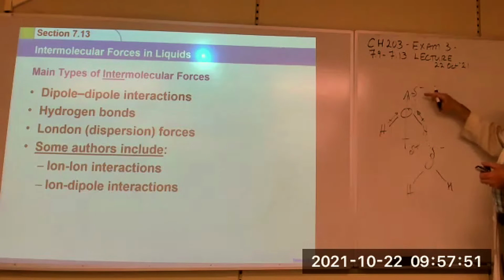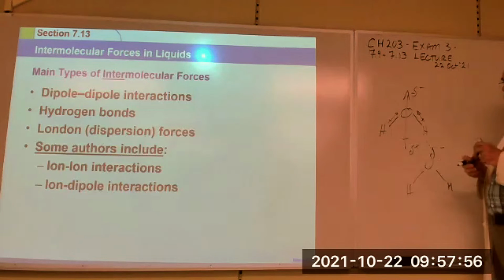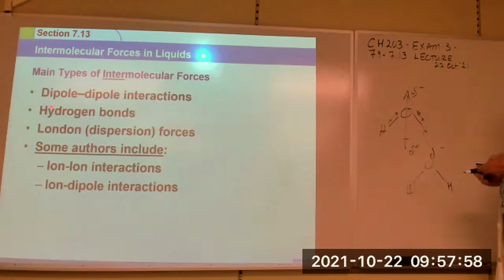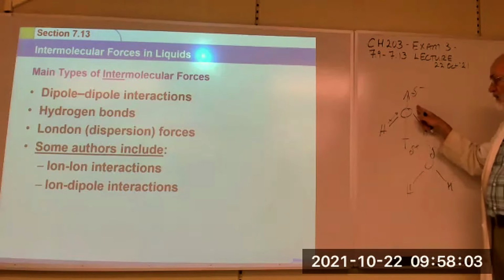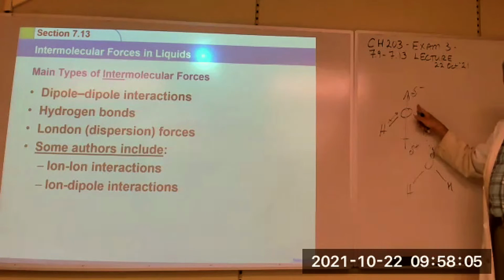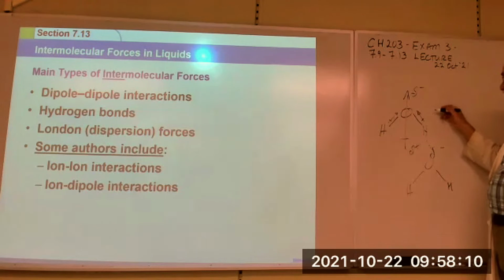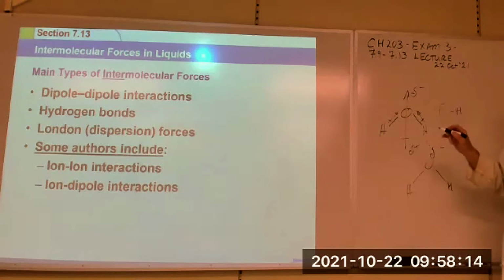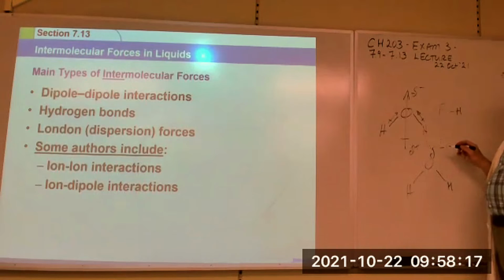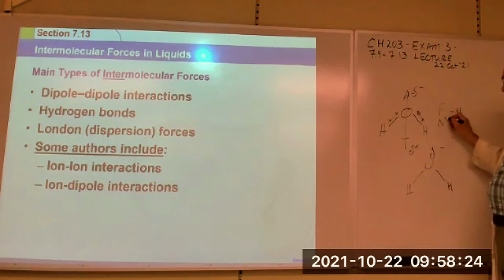So we get the slight negatives on this side, the slight positive on this side, and then the hydrogen bond is a special kind of dipole where you have to have hydrogen bonded to some other atom that is very electronegative. So oxygen is a good example. Fluorine will do that also. And then, let's see. I think nitrogen is given credit also.